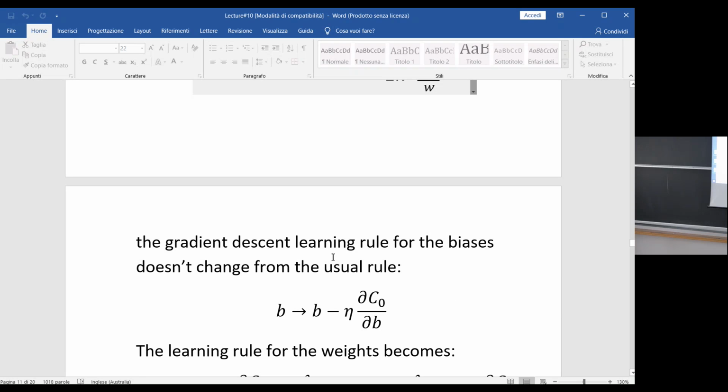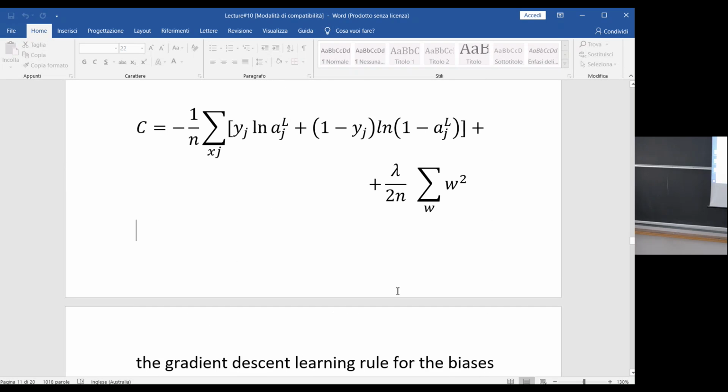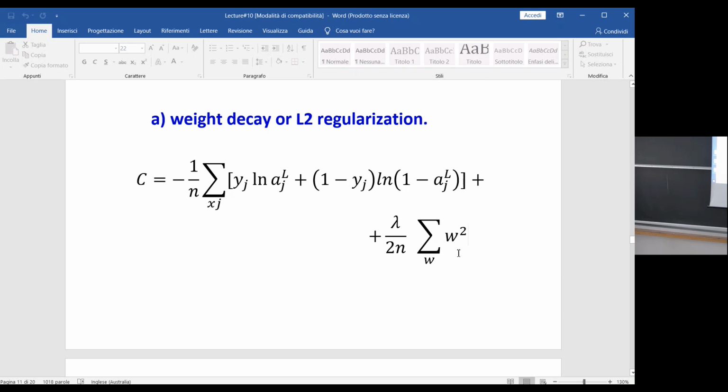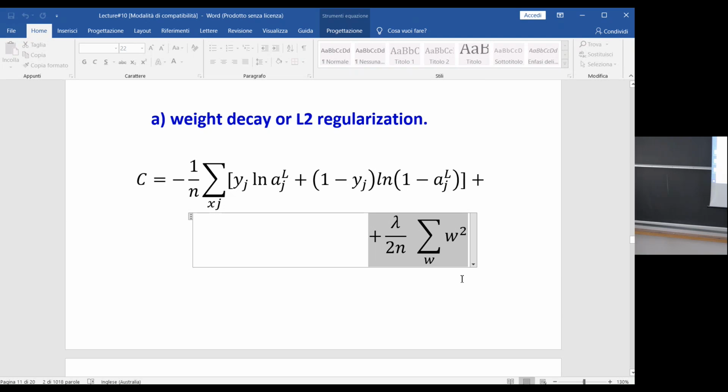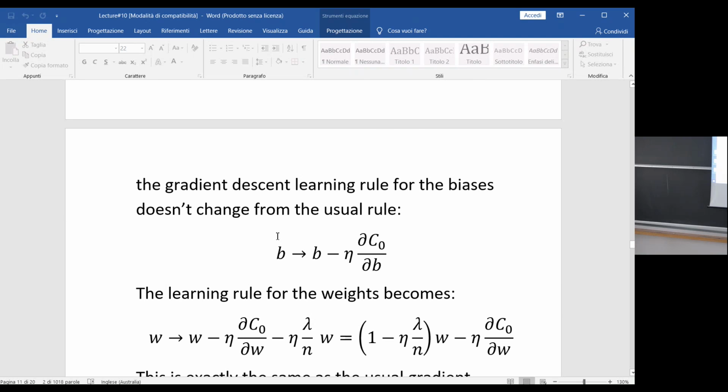The gradient descent learning rule for the biases doesn't change from the usual rule, because you see we have adjoined only the weight parameters. So for the derivation by biases, it is constant, so it doesn't affect.